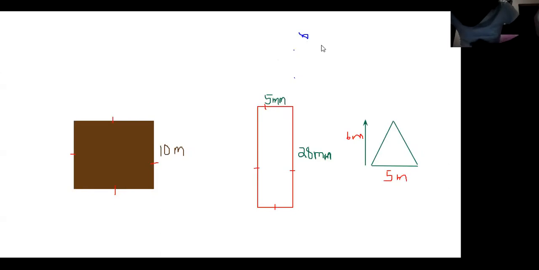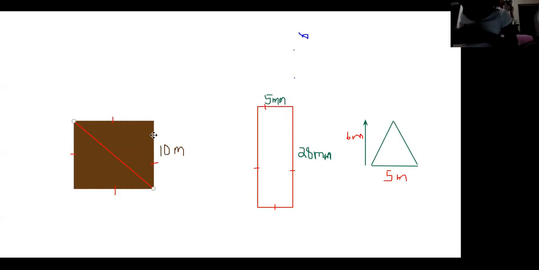So it's just half of a square, or you can say it's half of a rectangle that gives a triangle, and it's just half of their area. Look at this rectangle here. If I do this to it, how many triangles do I get? 2 triangles.